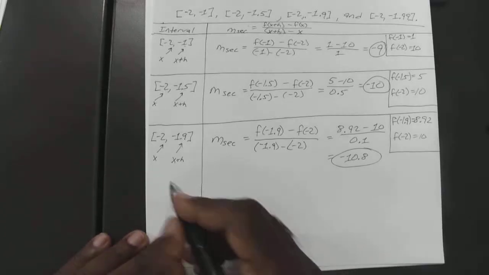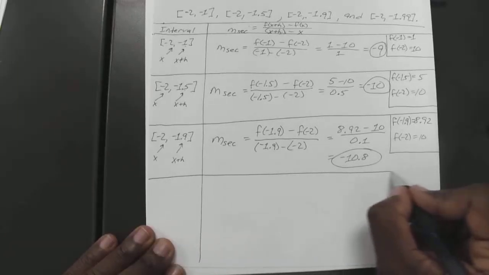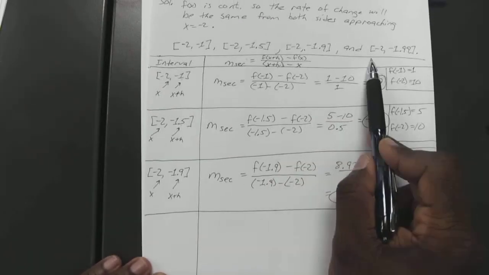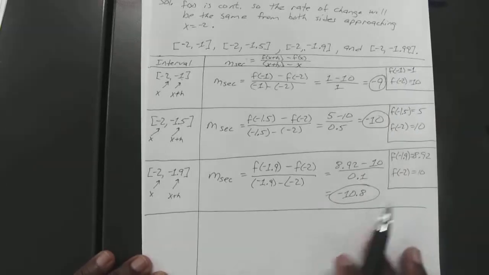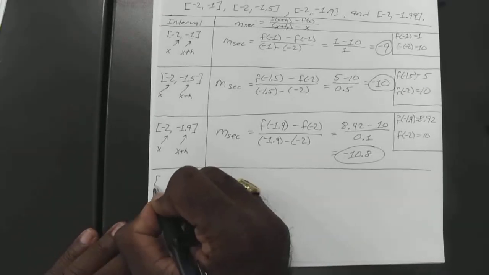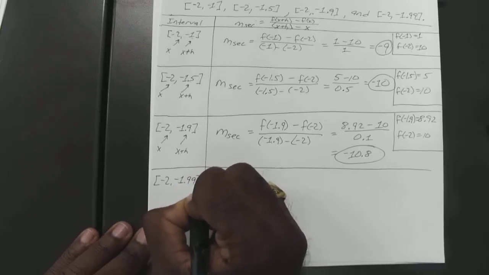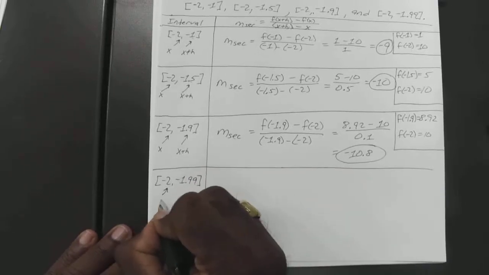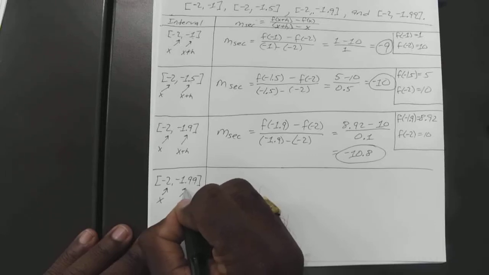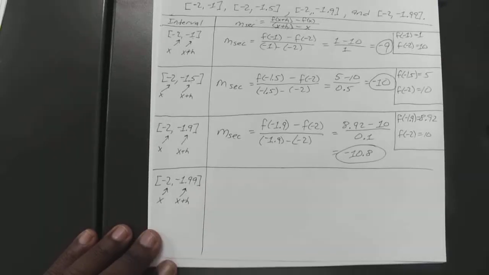Okay, so we have one more, and that's for negative 2 to negative 1.99. This is your x, and this is your x plus h.